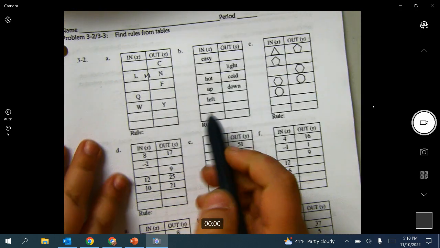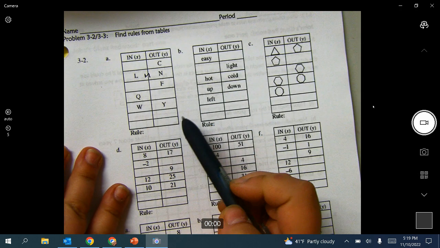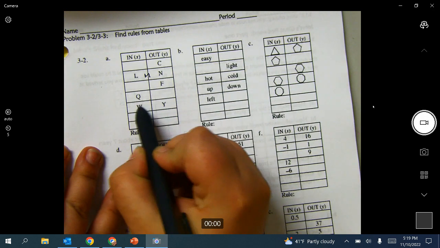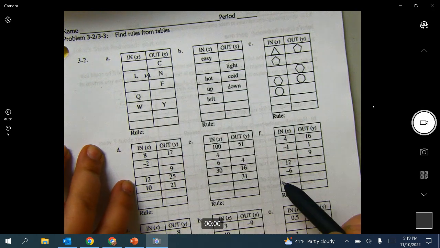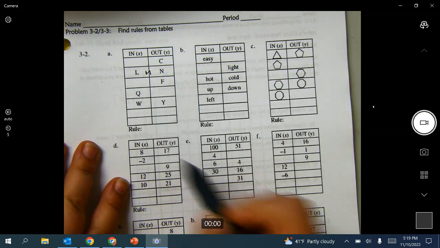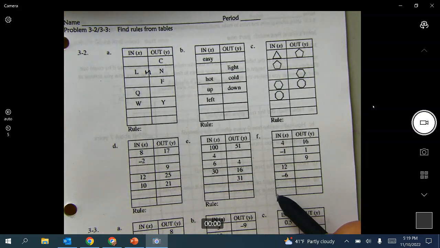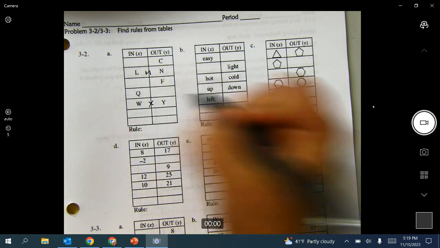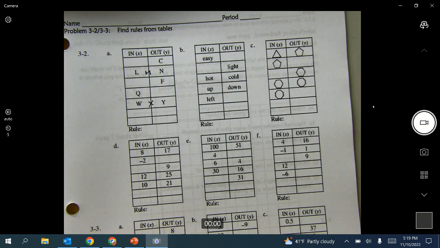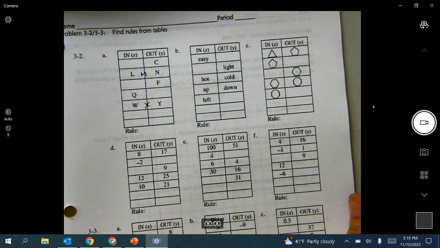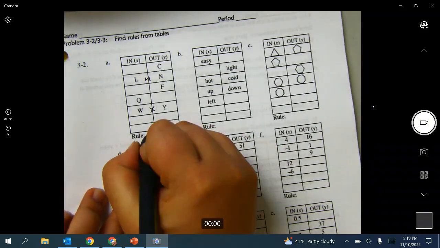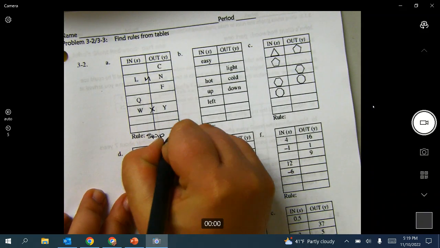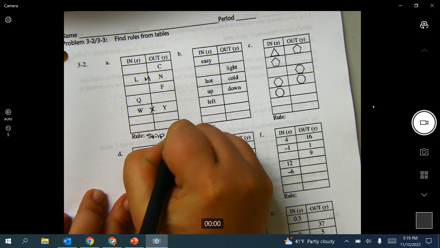The other one that I have both sides on, so that means I can use it as a clue, is W and Y. So let's see if this prediction about just skipping a letter works for down here too. I have W, X, Y. So it works for my other clue too. That means my rule has to be that it skips a letter. So my rule is skip a letter.